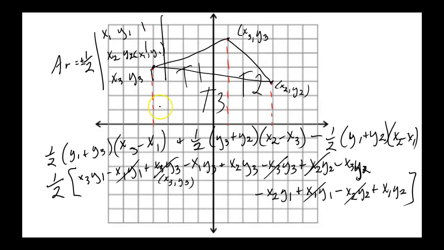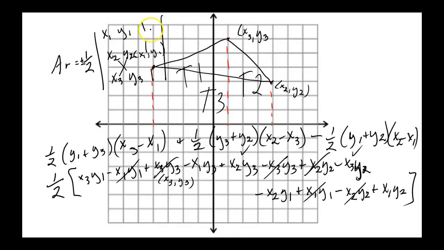I take that column of ones. You're talking about the original matrix, yeah. That would be x2 y3 minus x3 y2. There it is.